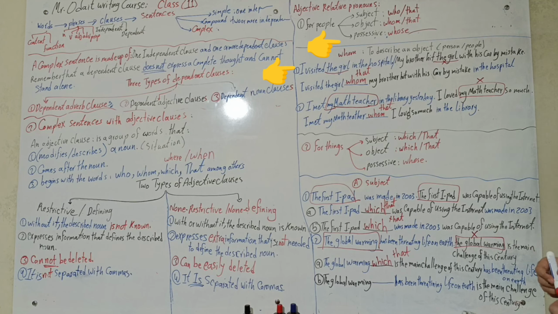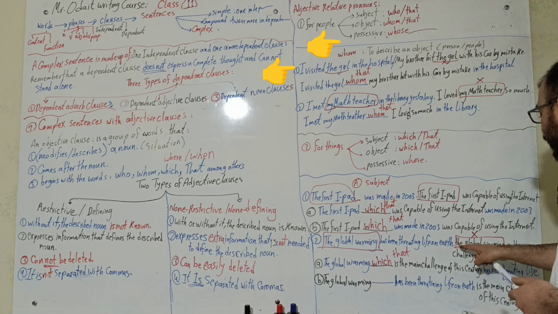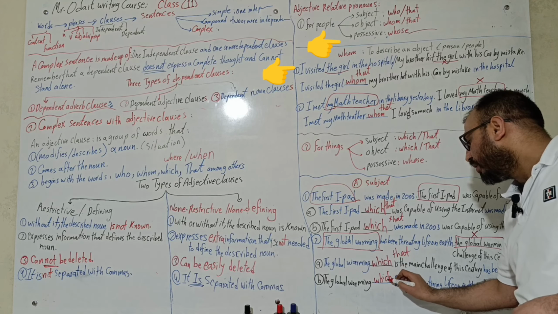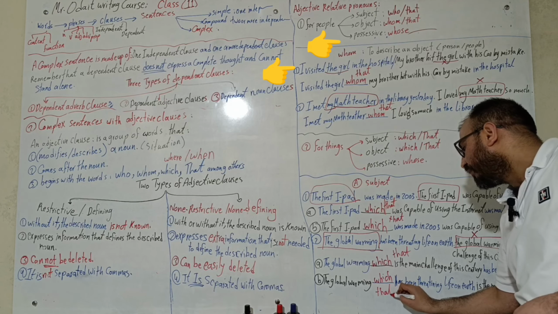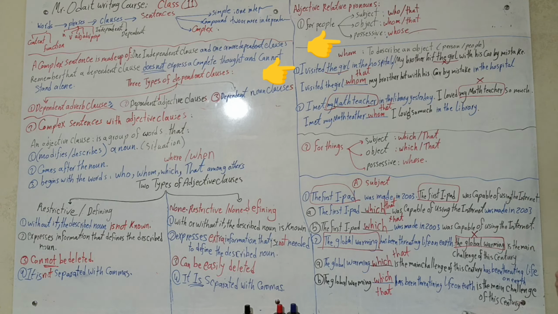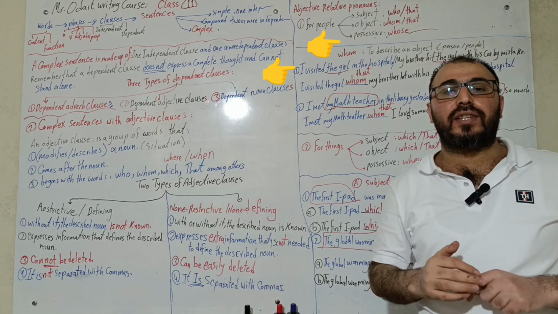Or the other option is to consider the second simple sentence as the main sentence and transfer the first sentence into a dependent clause by deleting the repeated subject and replacing it with which or with that. And here, as you see, we solve this problem.